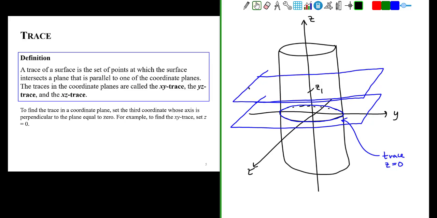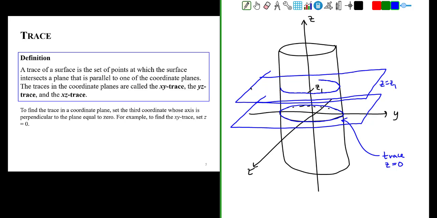Let's take this plane to be the plane z equals z1. When that plane intersects the cylinder, it produces a line of intersection. This line of intersection is a trace. This is the trace for the plane z equals z1.